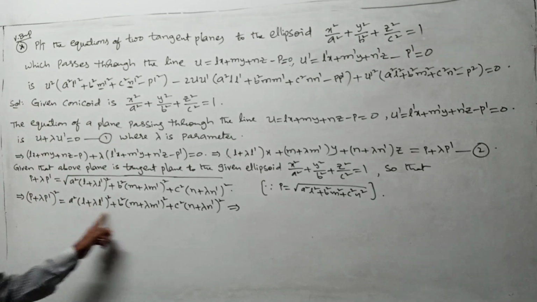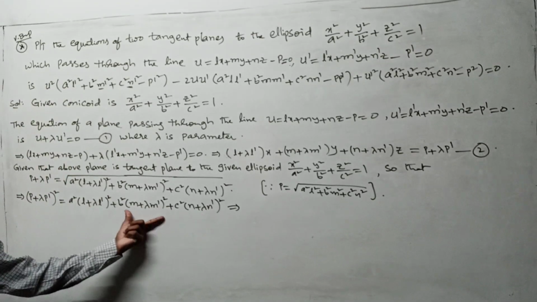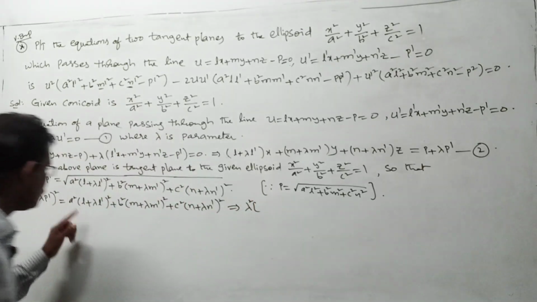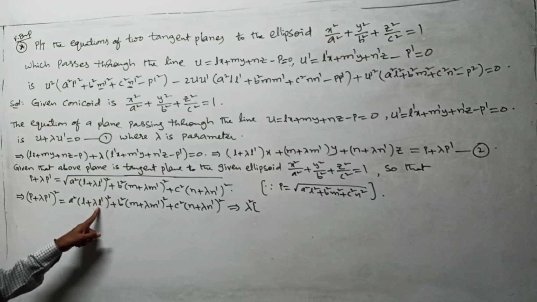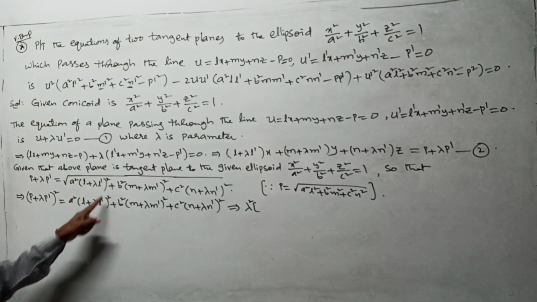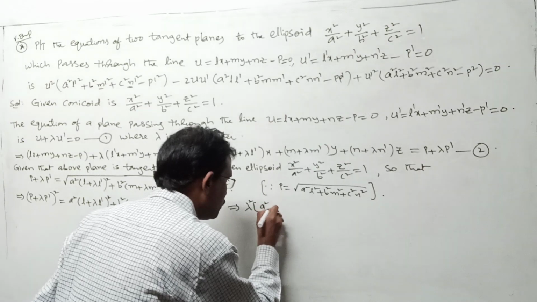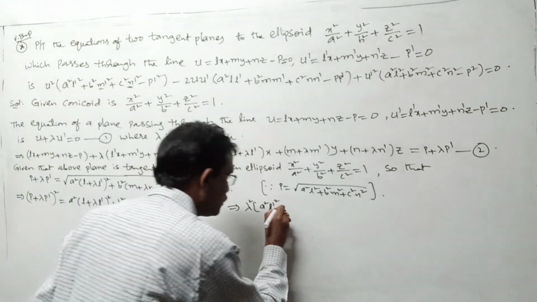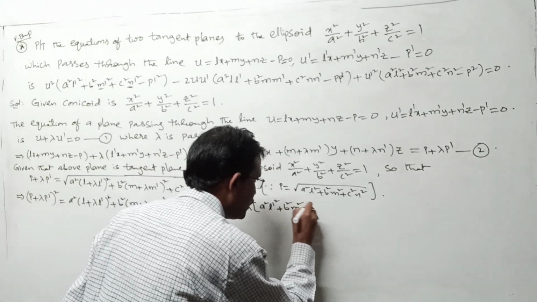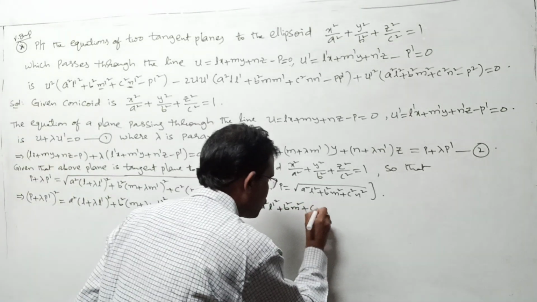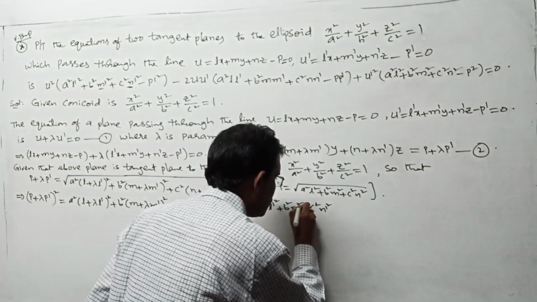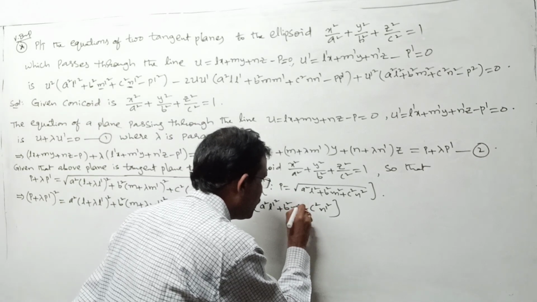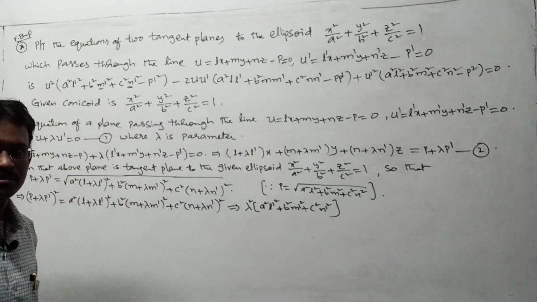First of all, I want to write the lambda square coefficient, right side. Lambda square into, this b square term gives lambda square or not? a square l dash square plus b square m dash square plus c square n dash square.